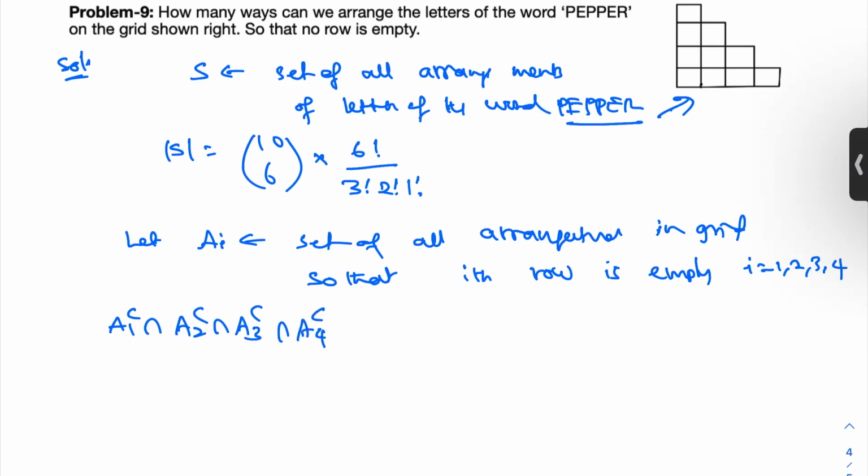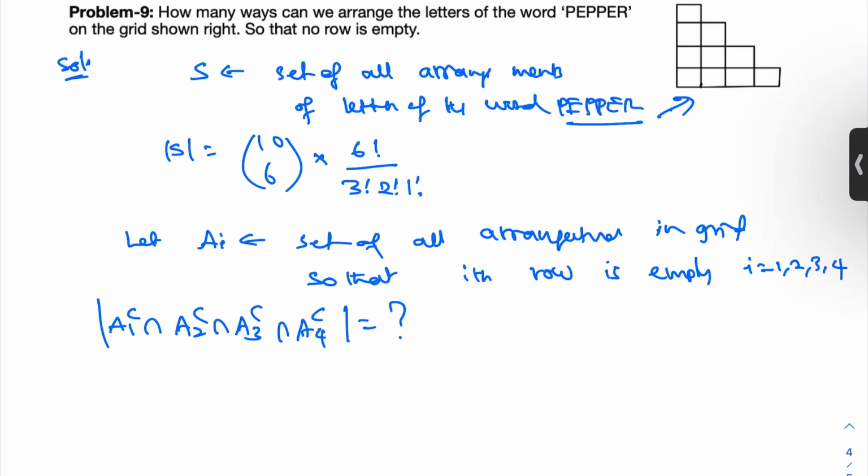Any arrangement sitting in this intersection will have no row empty, because any arrangement sitting here will be in A1 complement, that means the first row is not empty, and also in A2 complement, that means the second row is also not empty, also in A3 complement, that means the third row is also not empty, and also in A4 complement, meaning the fourth row is also not empty. That means no row is empty. So this is precisely the count we are interested in.